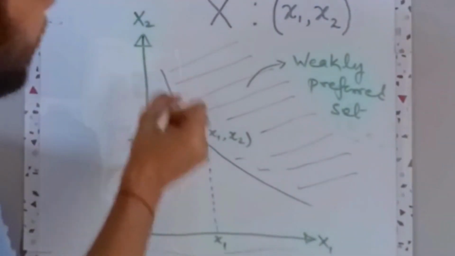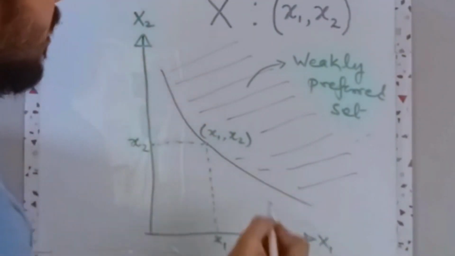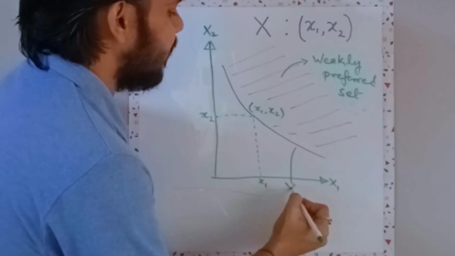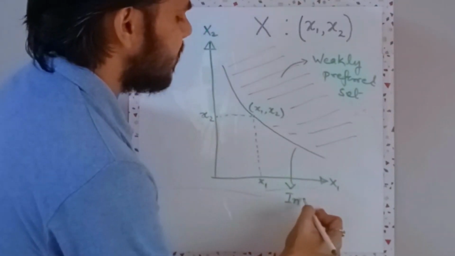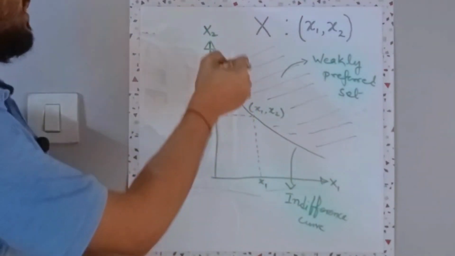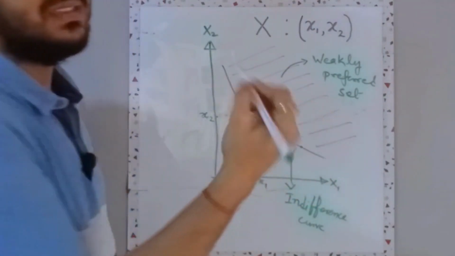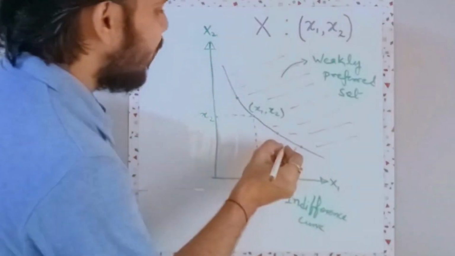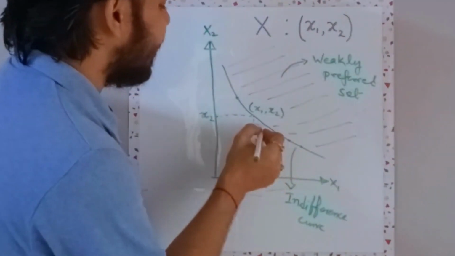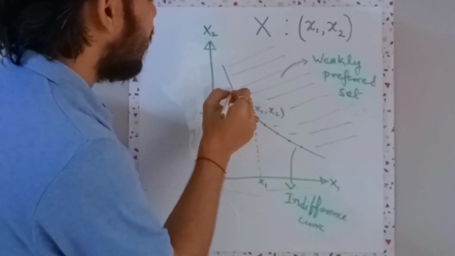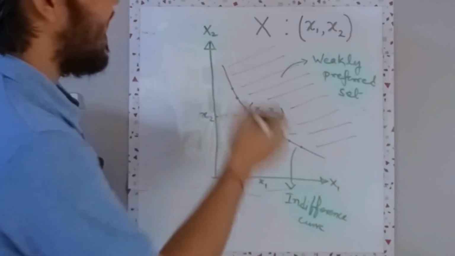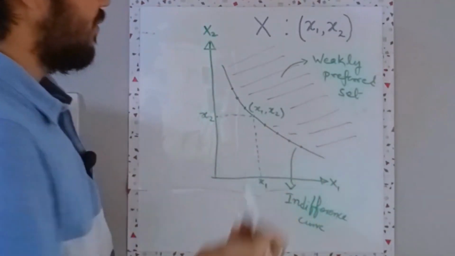And what about this boundary? This boundary will become your indifference curve. Why will it become your indifference curve? Because on this boundary you will prefer all the consumption bundles in the same way. So you will have indifference between all the consumption bundles on this line, and that way this will become your indifference curve.